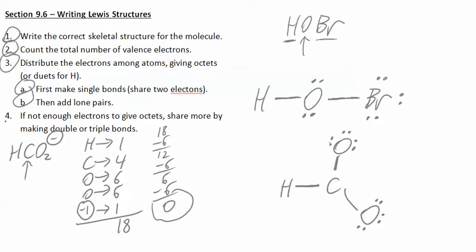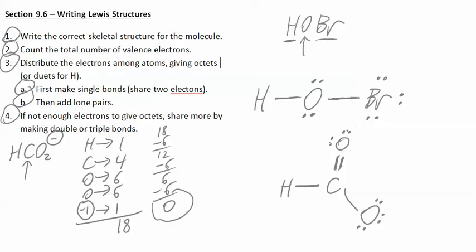So that's where we finally get into the 4th step. If there are not enough electrons to give octets, share more by making double or triple bonds. Hydrogen can't give any more to the carbon, but one of the oxygens can take its lone pair and put those 2 electrons here, and now the oxygen and the carbon both technically have them.